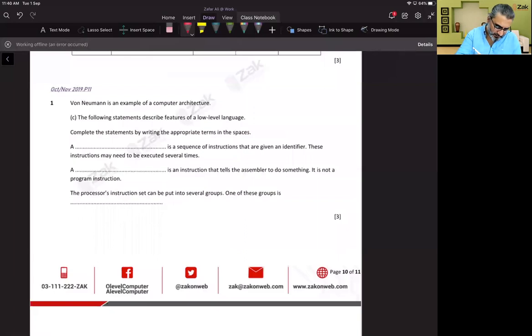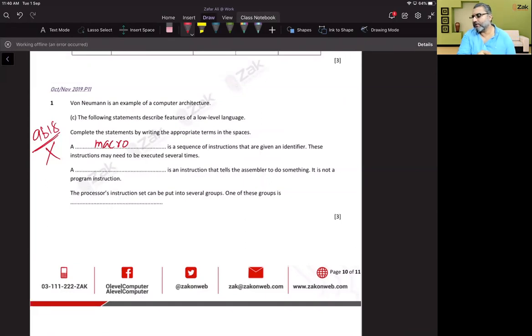The following statements describe features of low-level language. Complete the statement by writing the appropriate term. A dash is a sequence of instructions that are given, and these instructions may need to be executed several times. Basically, this is a macro, but this is not part of the 9618 syllabus anymore, so do not worry.